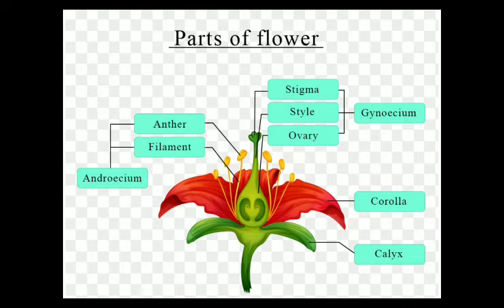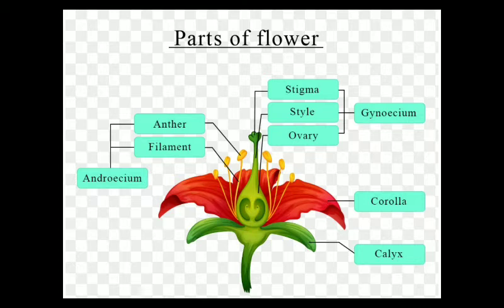Now androecium. One single male reproductive structure is known as a stamen, and a stamen consists of two parts, anther and filament. One single unit is known as a stamen, but all the stamens of a flower are collectively known as androecium. How many stamens can you see in this diagram?